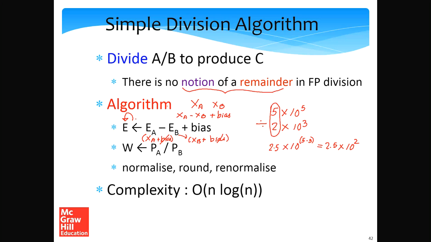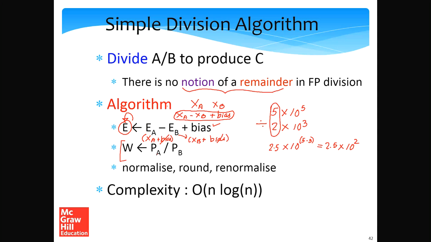The reason is that the E fields are essentially stored in bias notation themselves, and they are equal to the real exponent plus the bias. So once I subtract EA minus EB, the bias gets subtracted. But since the final E field also needs to be saved in bias notation, we need to add the bias once again, such that what we are essentially encoding is XA minus XB plus the bias.